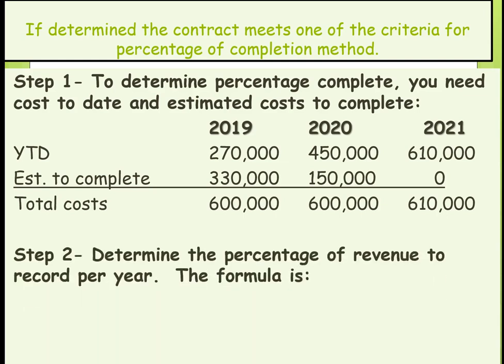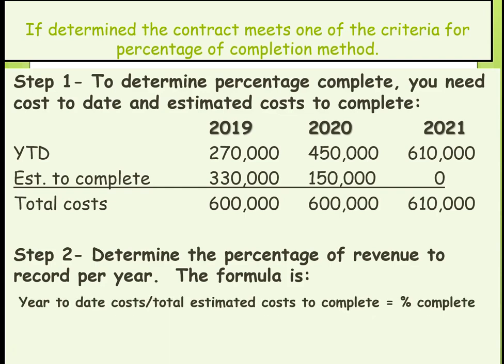Step 2, determine the percentage of revenue to be recorded each year. The formula is year-to-date cost divided by total estimated cost to complete equals percentage complete. That's the number you're going to use to figure out how much revenue to record.